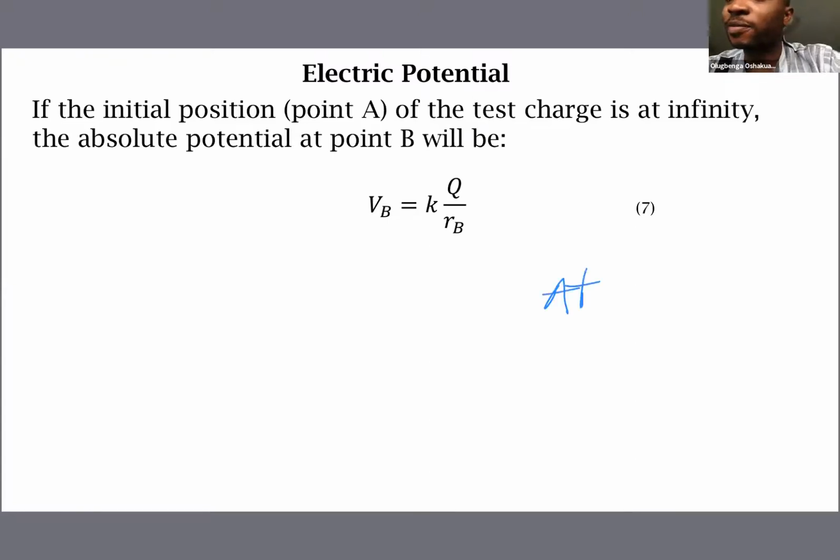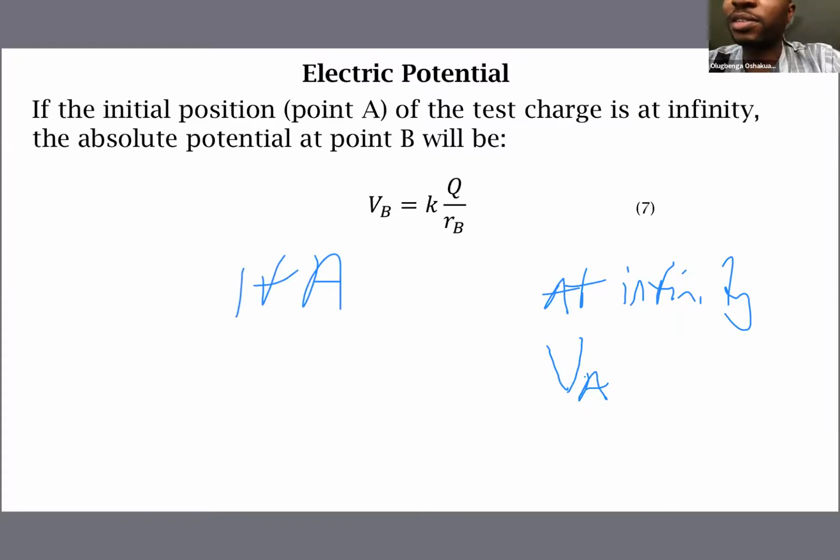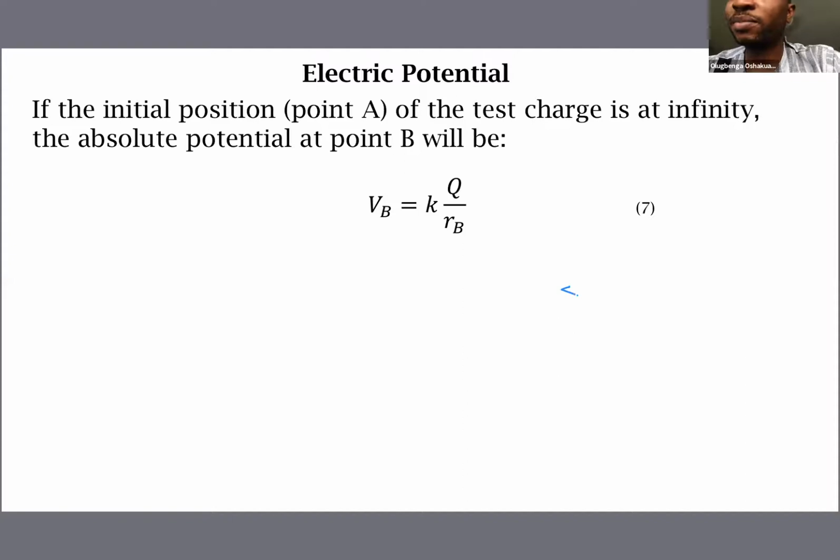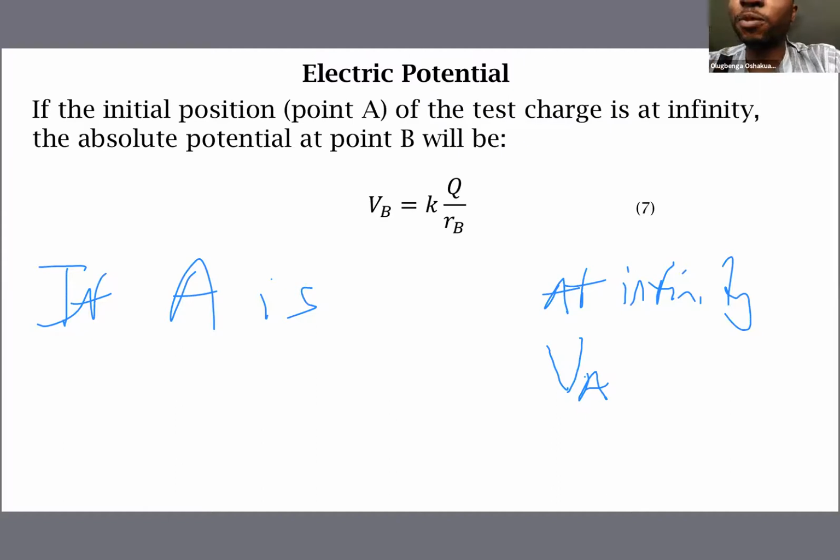If A is at infinity, that is, if A is far away, then VA will be equal to 0.